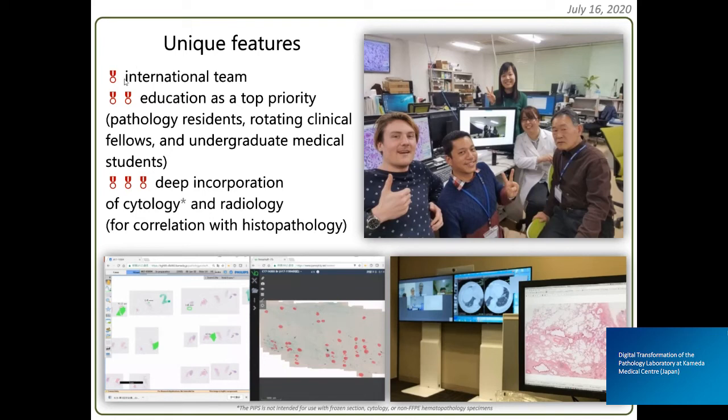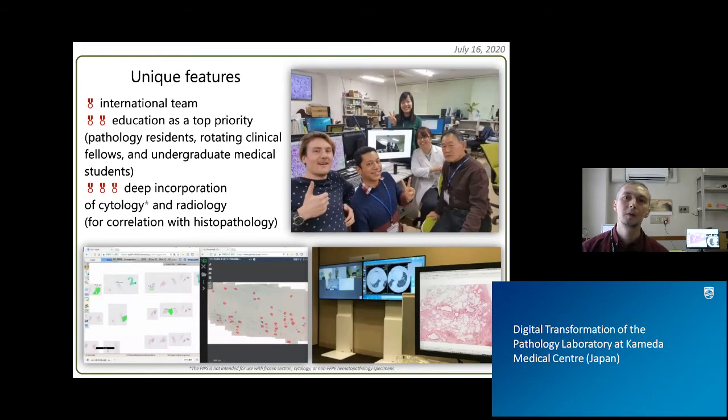International team. Well, for some people, let's say from Australia, that maybe does not sound quite appealing, but you know, Japan is still an isolated community, and building an international team here is not so easy. And we are one of the few institutions with many employees and researchers from abroad, from outside Japan.